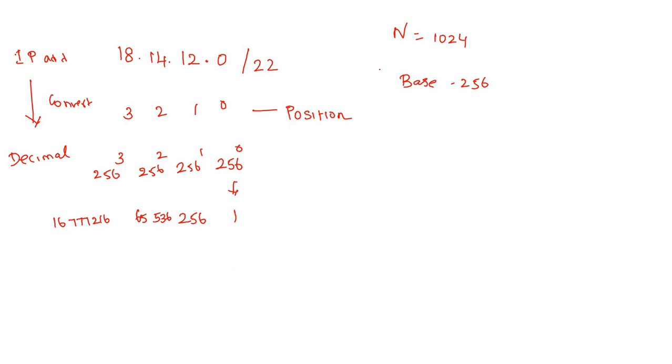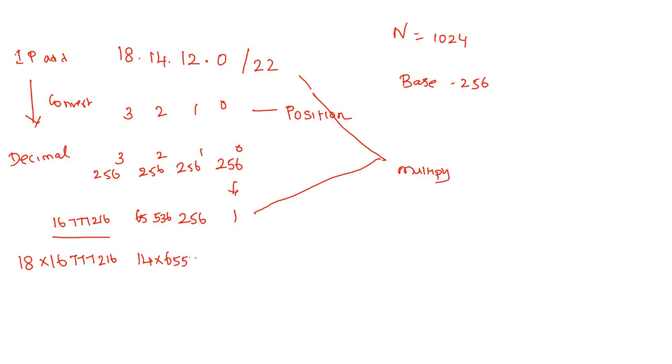Now we have to multiply these values. 18 is multiplied by 16,777,216, then 14 by 65,536, then 12 by 256, then 0 by 1.